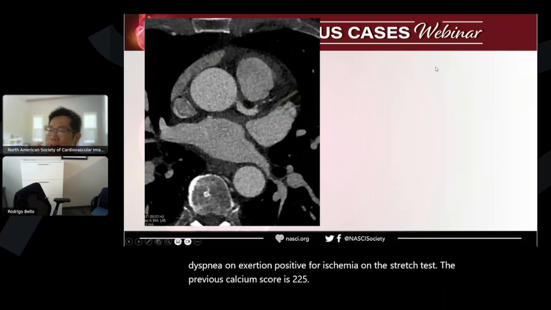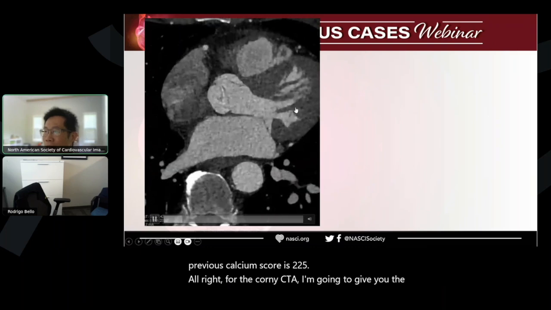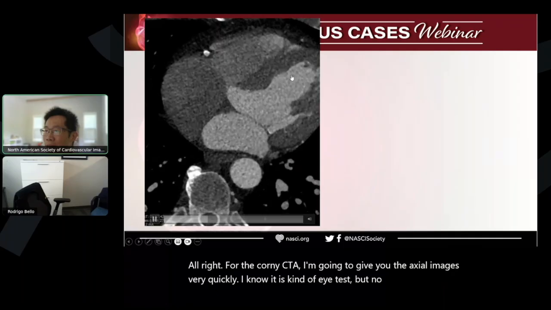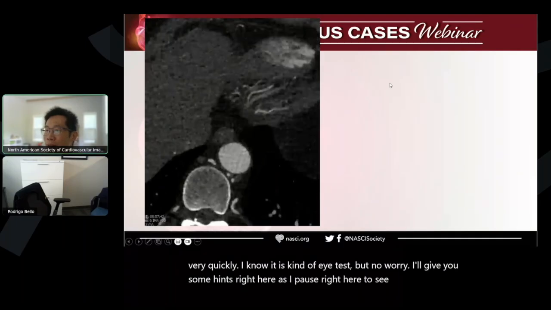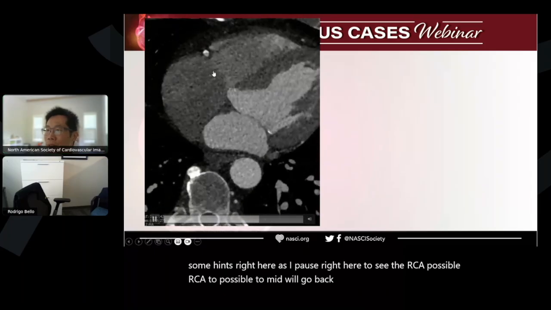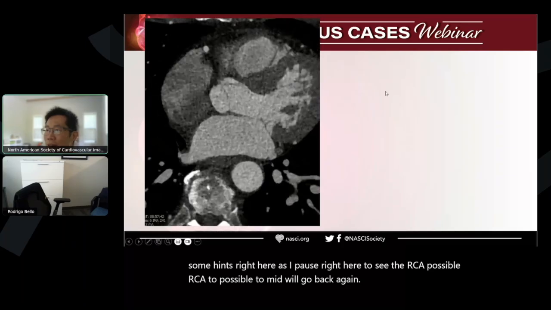All right, for the coronary CTA, I'm going to give you the axial images very quickly. I know it's kind of an eye test, but no worry, I'll give you some hints right here. As I pause right here, you see the RCA, proximal to mid. We'll go back again. Right here, calcified. Yes.